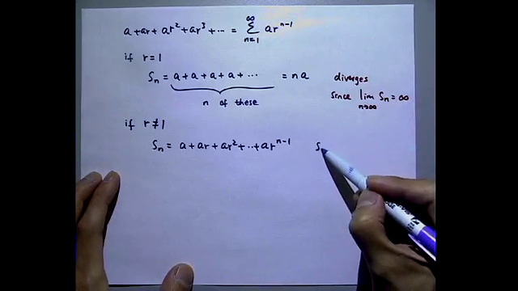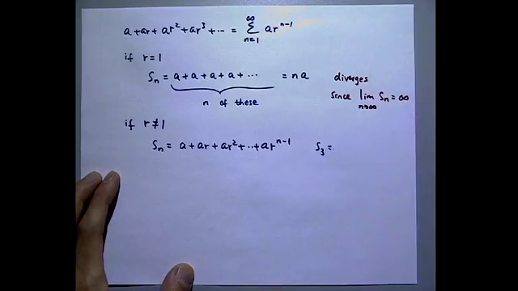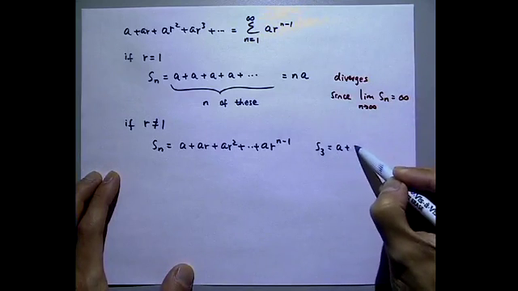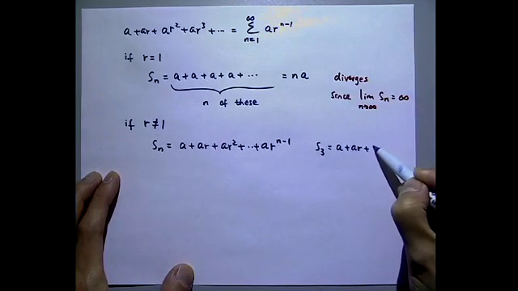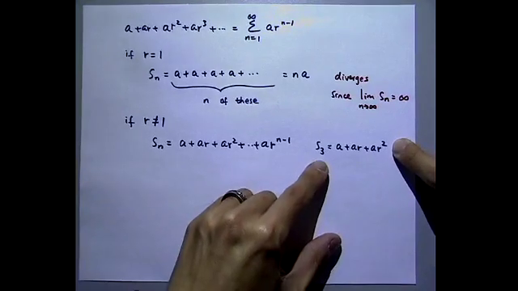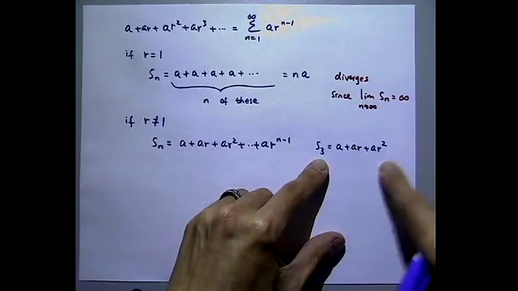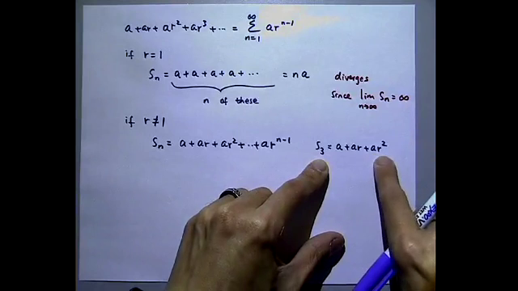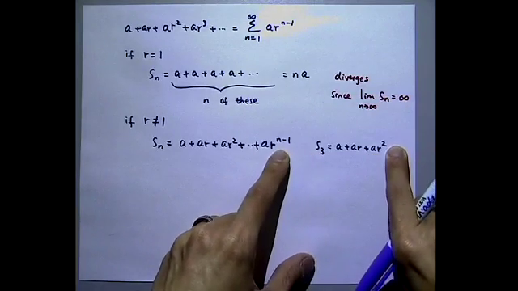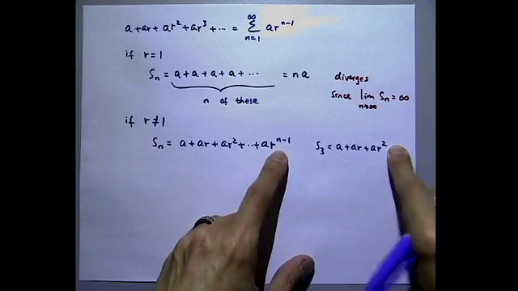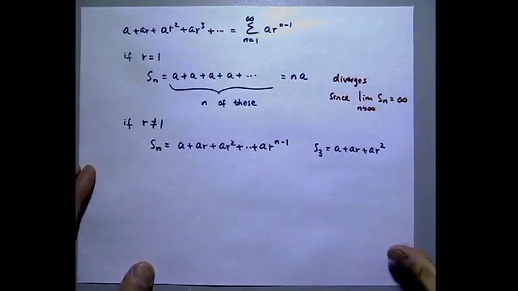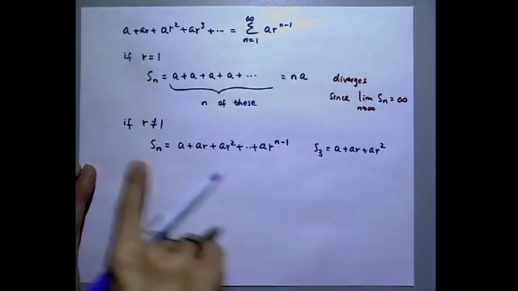Look at S3, for example. It's the sum of the first 3 terms. So it's A plus AR plus AR squared, right? So for the nth partial sum, we add up to AR to the n minus 1. So make sense why this is n minus 1? Yep? Okay, good. So that's my nth partial sum.